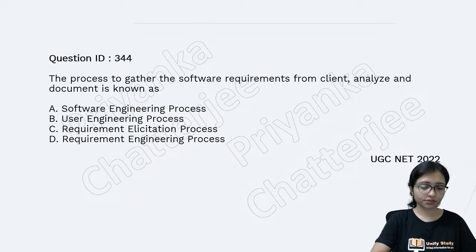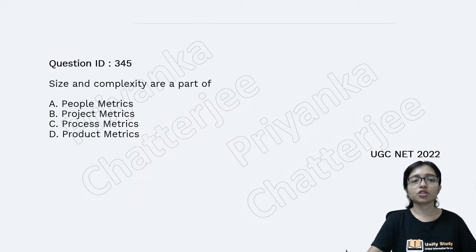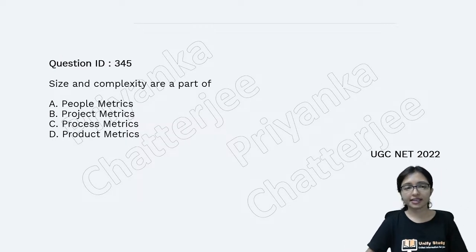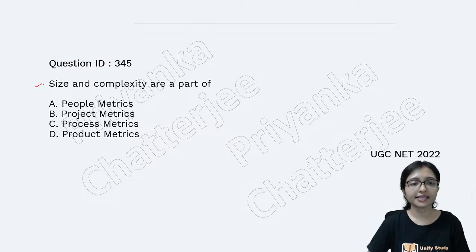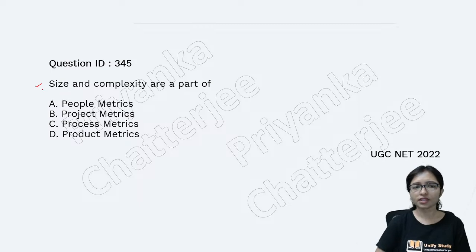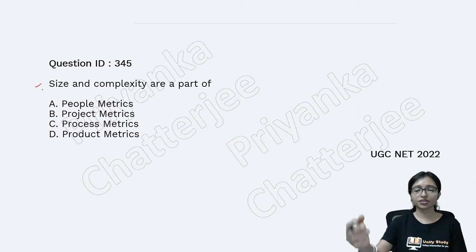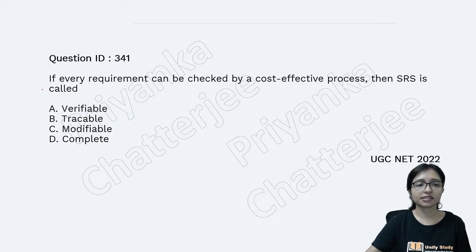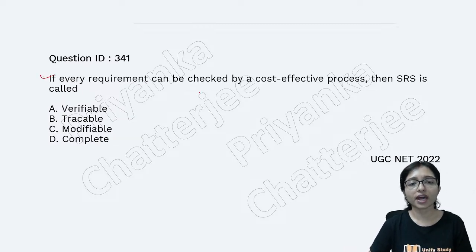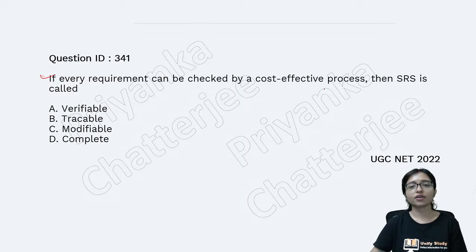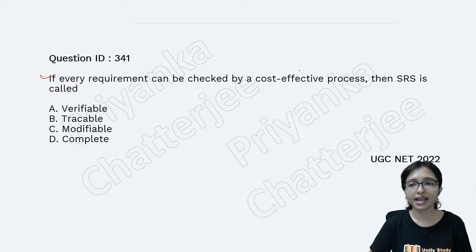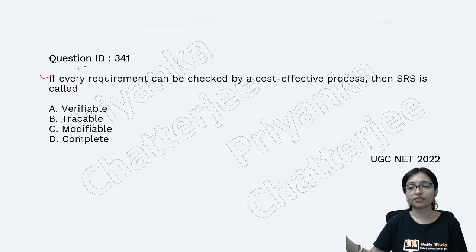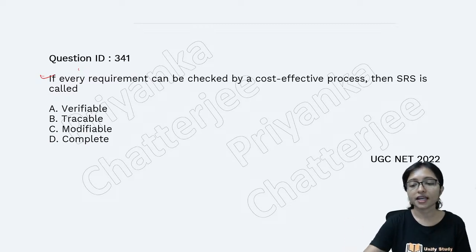They also ask: size and complexity are part of what? People metrics, project metrics, process metrics, product metrics. Every requirement can be checked by a cost-effective process, then the SRS is called what? Verifiable, traceable, modifiable or complete.